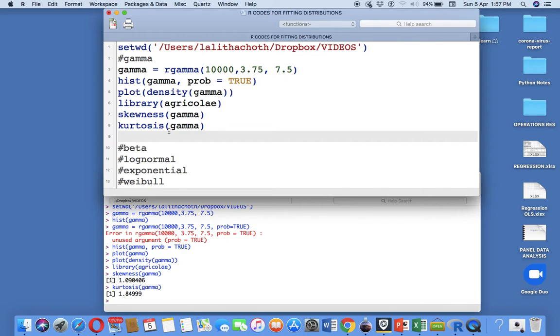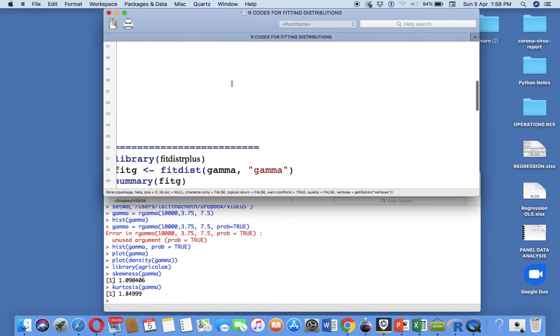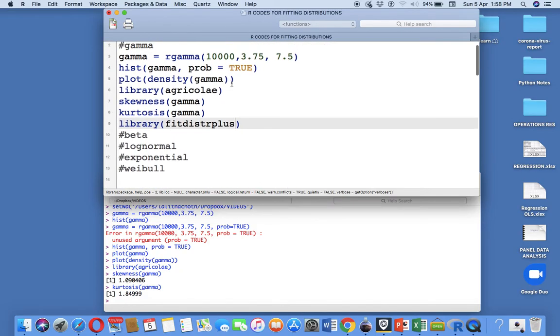For that in R, you need a library called fitdistrplus. You need that library.